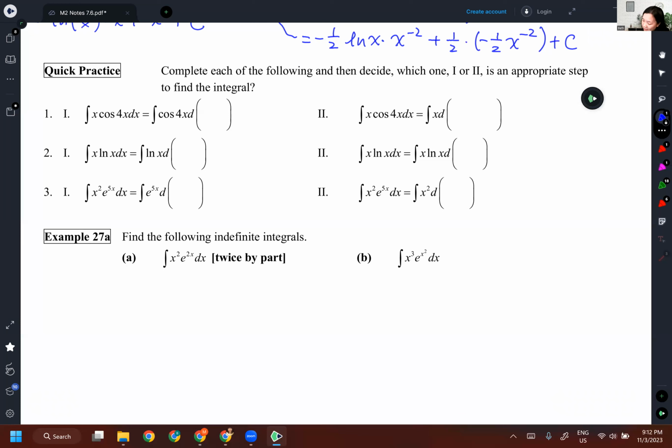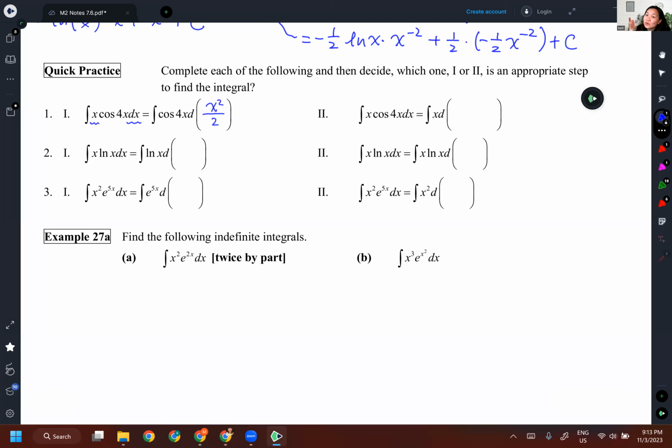I can integrate x first. That is x dx is changed to d x squared over 2. Now I'll leave the cosine outside, and then I will replace x dx with d x squared over 2.